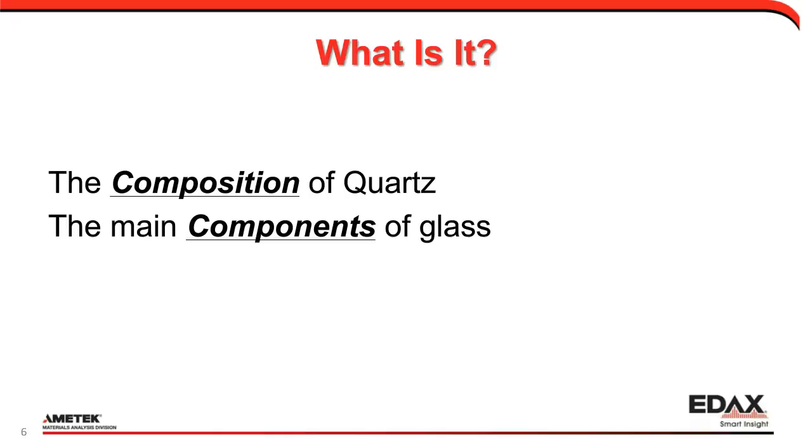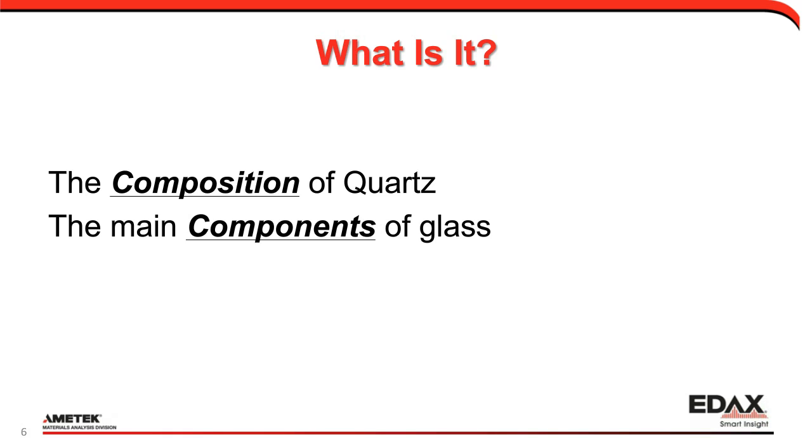So now where I'm going with this, and just as it might have become very obvious where I was going with the image or the painting that we saw earlier, it might become a little bit more obvious where I'm going with this now. When we looked at that silicon-oxygen spectrum, we determined that some of the answers are, well, that is the composition of quartz, and those are the main components of glass.